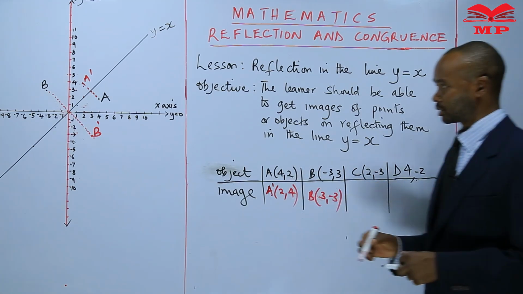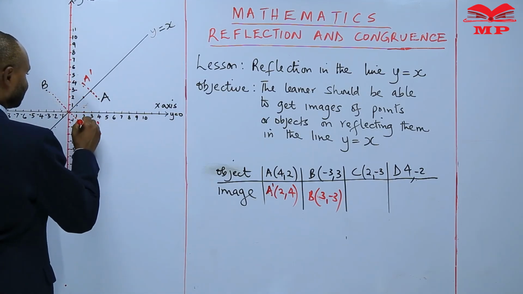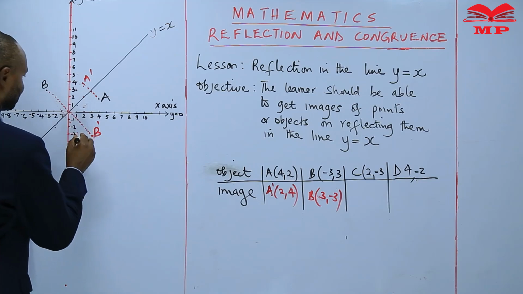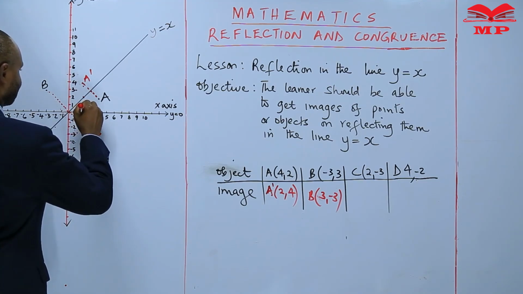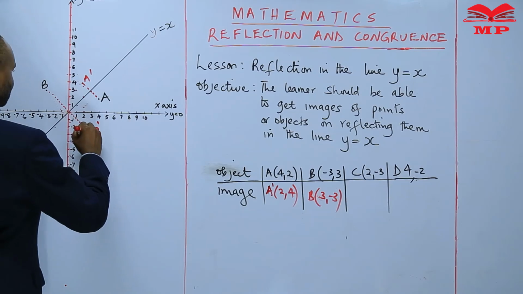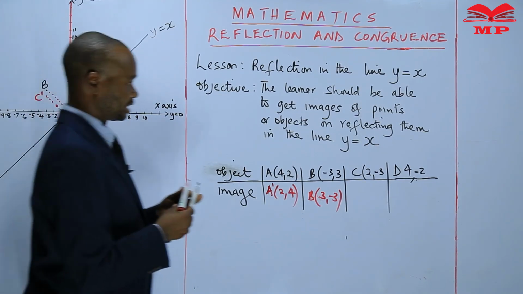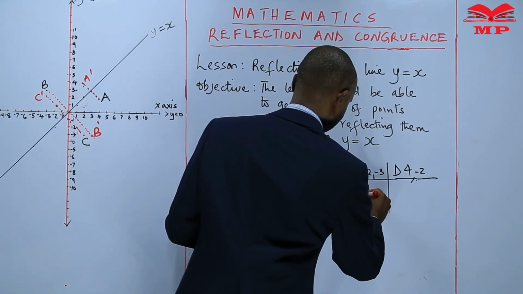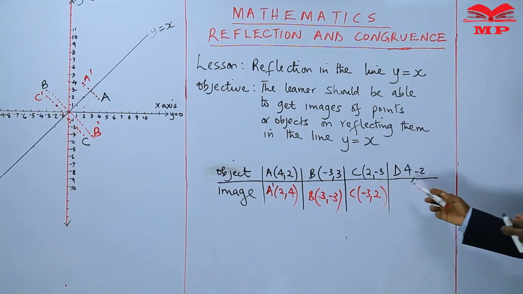Let's move to C, 2, -3. That is C. You'll actually come and have -3, 2. And you are even now able to deduce that.